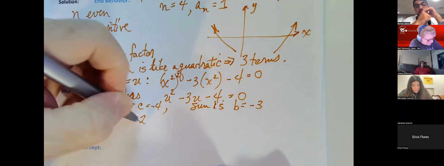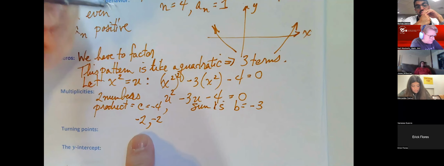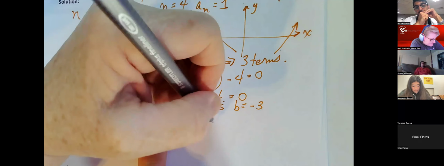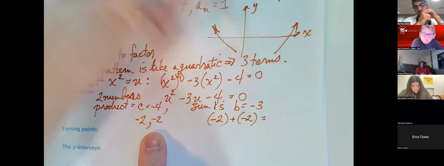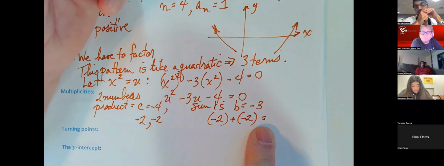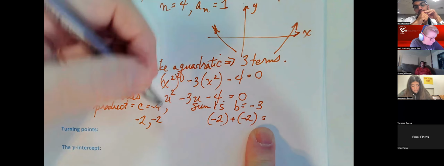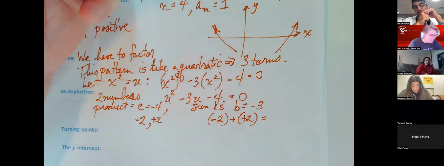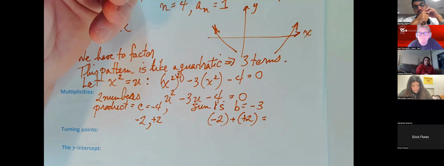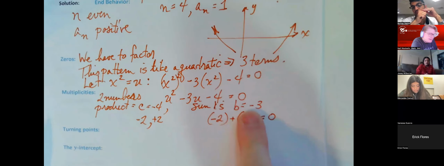Or 1 and 4. So we've got -2 and -2. What is -2 plus -2? -4. Oh, one of these has to be positive, sorry. What is -2 plus 2? 0. So that's not -3.